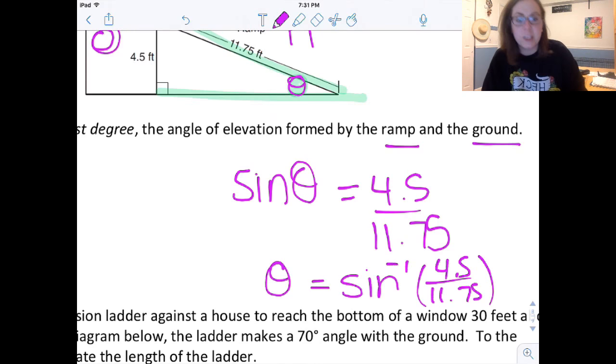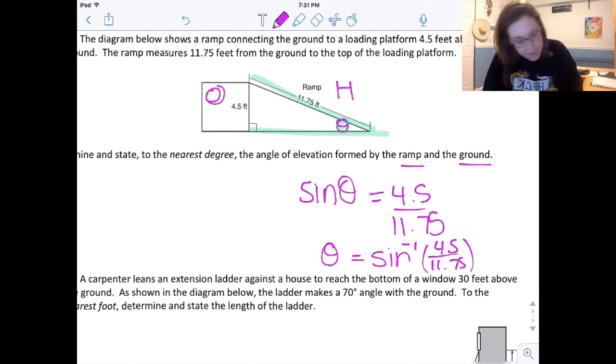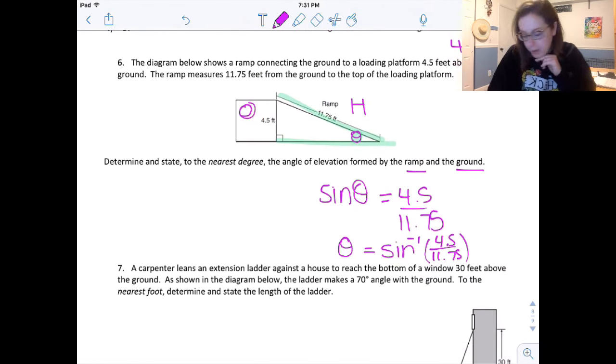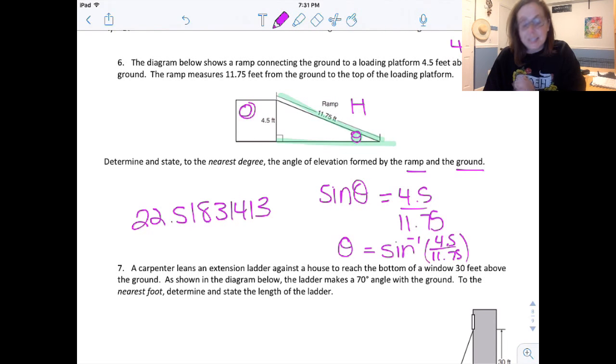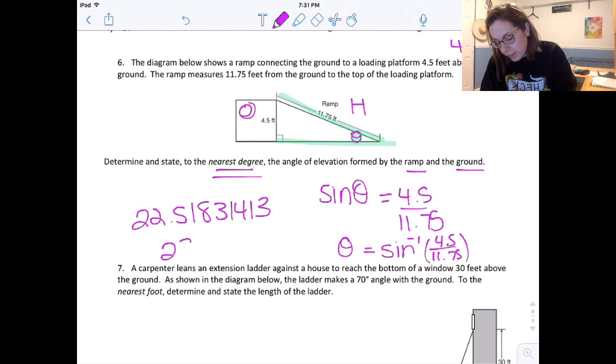And that comes out to be 22.51831413. Now it says to the nearest degree. And on the Regents, you need to make sure that you're rounding to the correct place. So this would be 23 degrees.